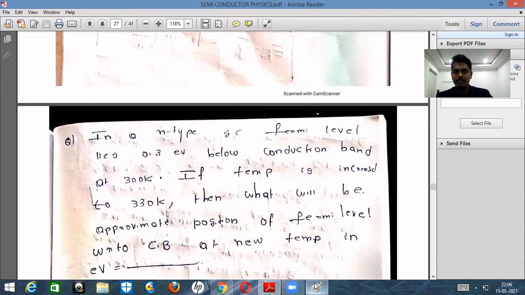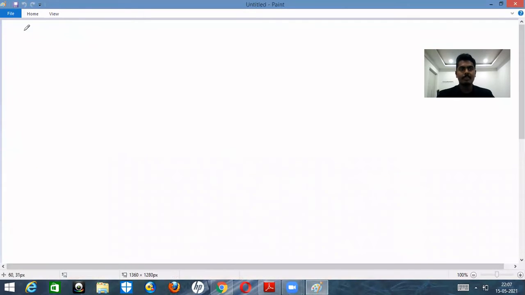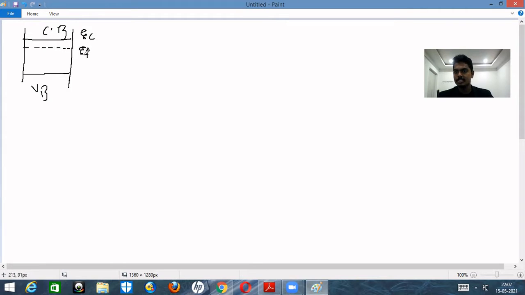What does that mean? Let us suppose this is the conduction band, and this is the valence band. So this will be EC, and somewhere over here let us assume this is EF. Since it is an n-type semiconductor, the Fermi level lies nearer to the conduction band.